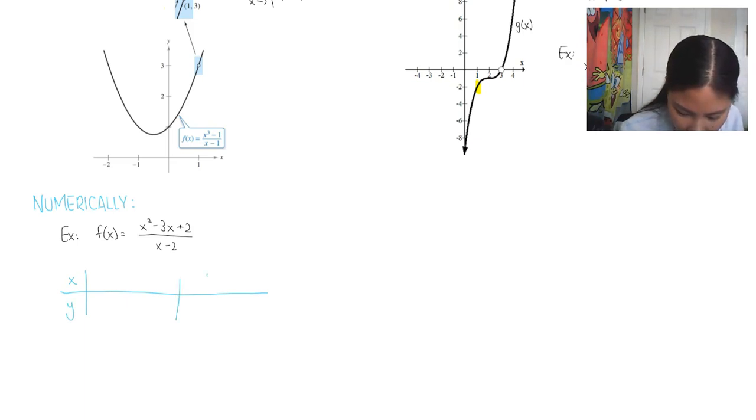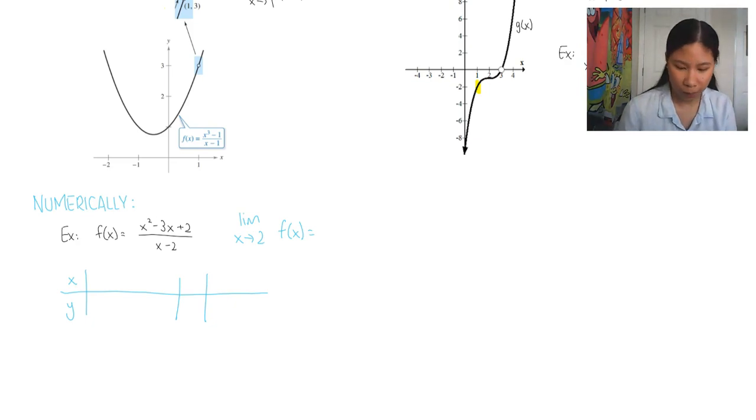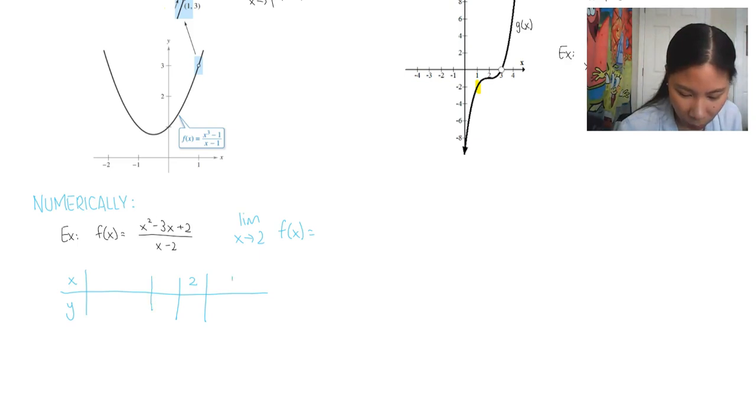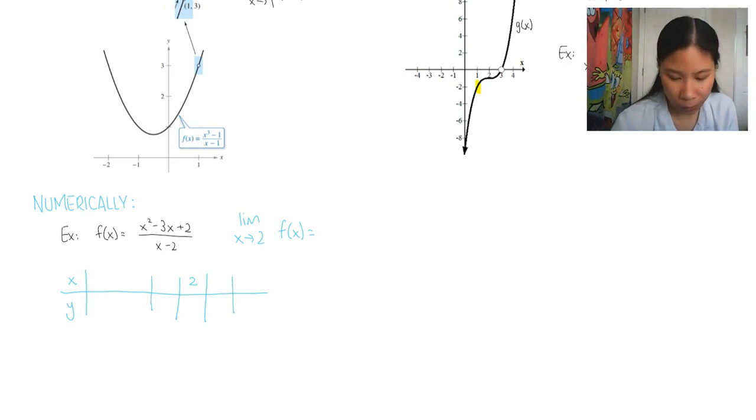And in order to find a limit, let's say we're trying to find the limit as x approaches 2 of this function, f of x. Okay. So if I want to know what the y value is at 2, then we just need to plug in values that are close to 2 so that we can tell what y value it's going to get close to.